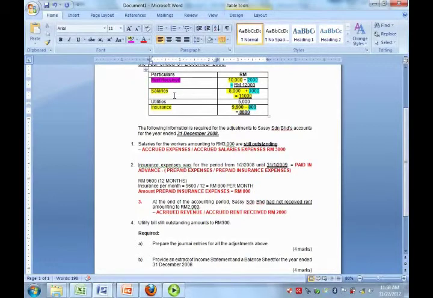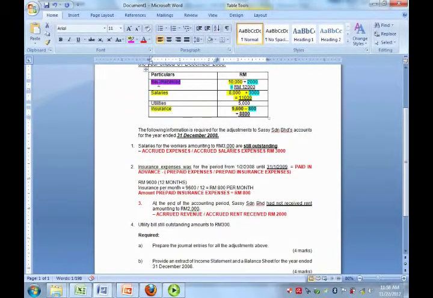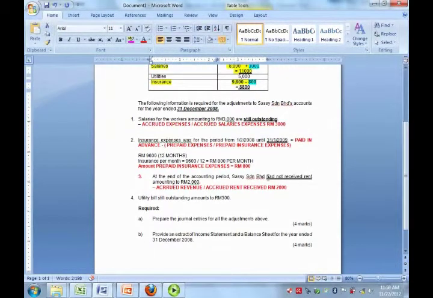Alright, the yellow color class you can see now, based on the trial balance, salary and insurance is under expenses. The purple color is considered as revenue. Now next, last, utilities bill still outstanding. So what is the keyword here now, class?